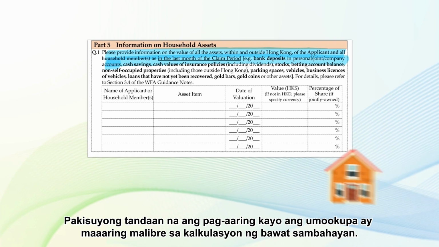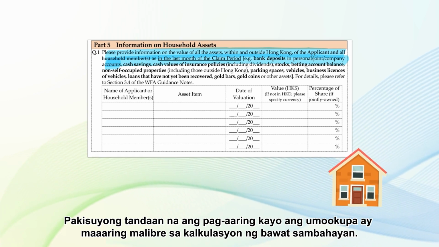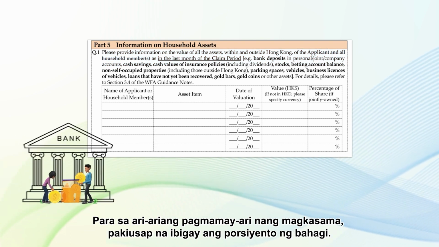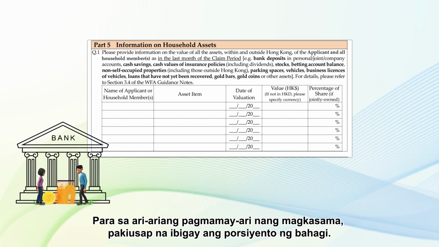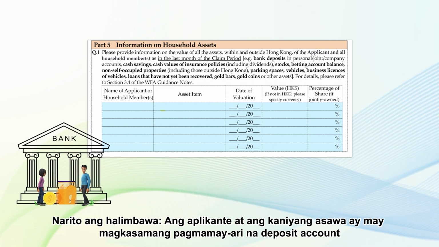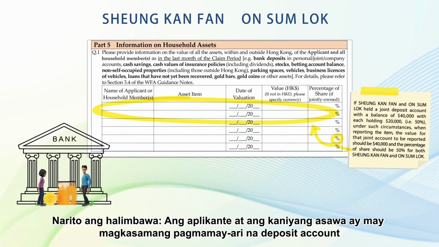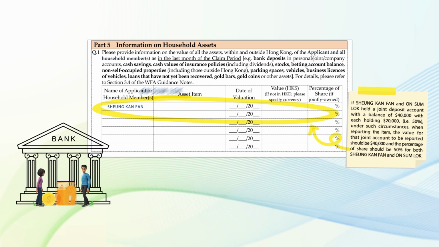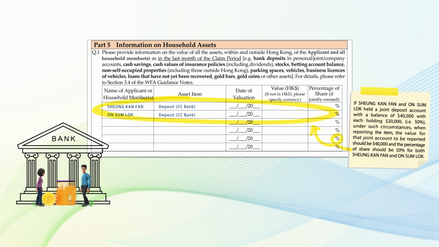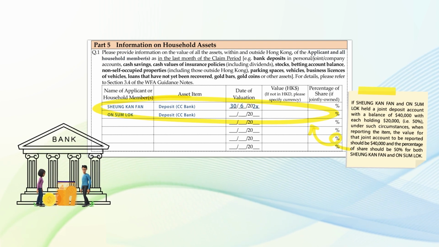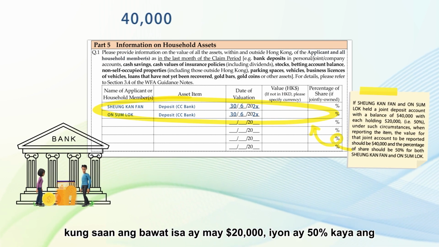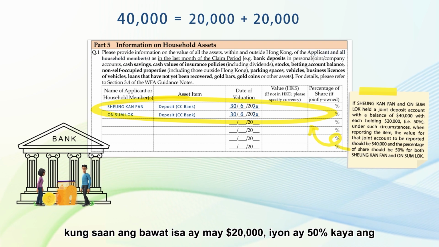Please note that one self-occupied property can be exempted from the calculation for each household. For a jointly owned asset, please provide the percentage of share. Here is an example. The applicant and his wife held a joint deposit account with a balance of $40,000, with each holding $20,000, that is, 50%.